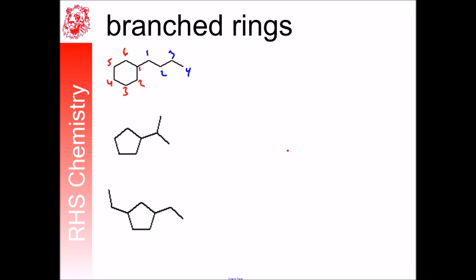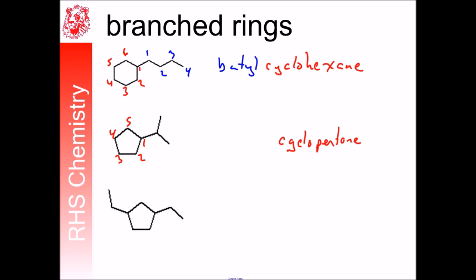So this is going to be butylcyclohexane. This one, 1, 2, 3, 4, 5. So it's going to be cyclopentane. And then the branch is going to be 1, 2, 3, isopropyl.